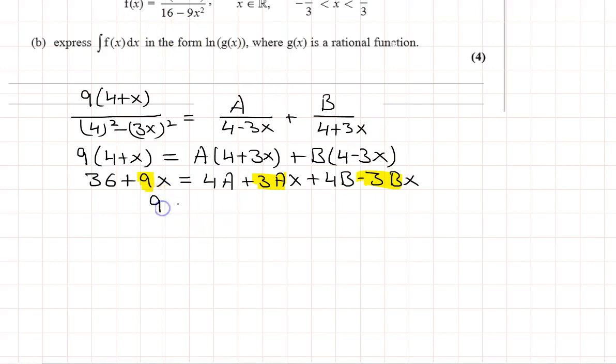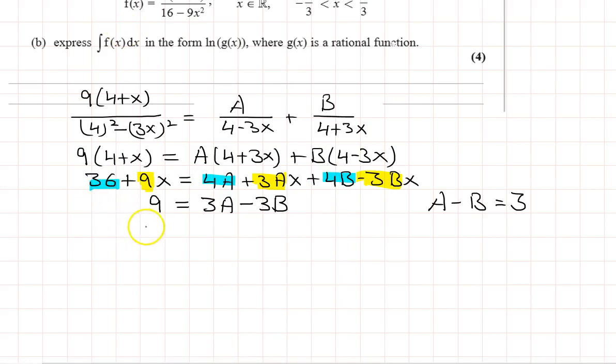So 9 is equal to 3a minus 3b. So it means we have first equation, a minus b is equal to 3. Now we compare the independent terms. So here 36 is there, this is 4a and 4b.